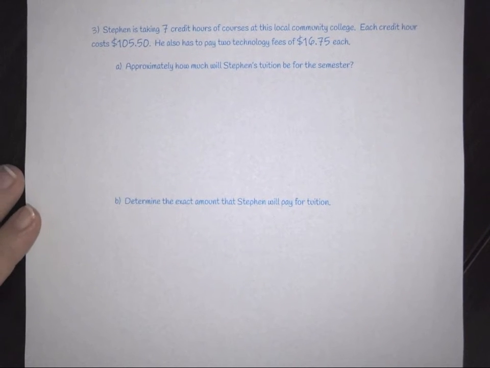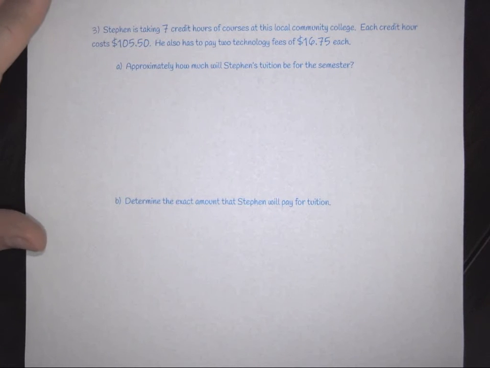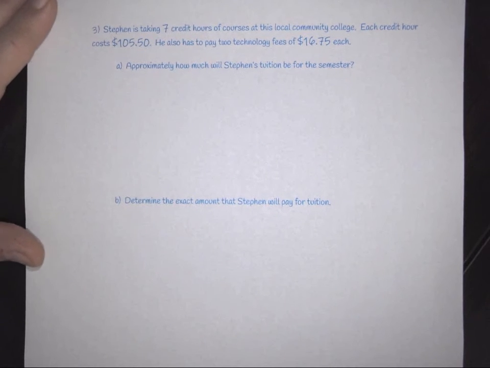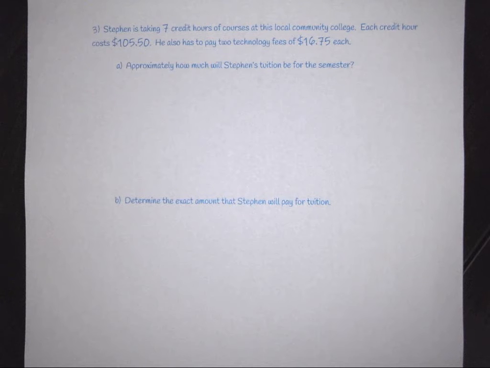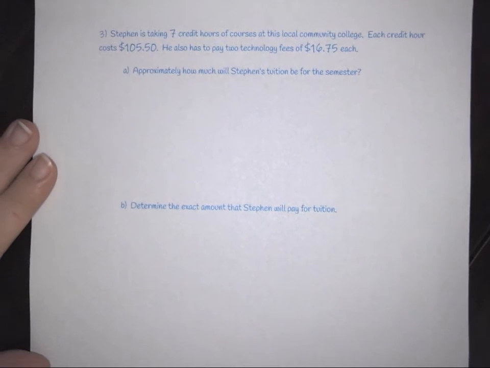Alright, this last one says that Stephen is taking 7 credit hours of courses at his local community college, and each credit hour costs $105.50. He also has to pay 2 technology fees of $16.75 each. The first part wants you to approximate how much Stephen's tuition for the semester will be.